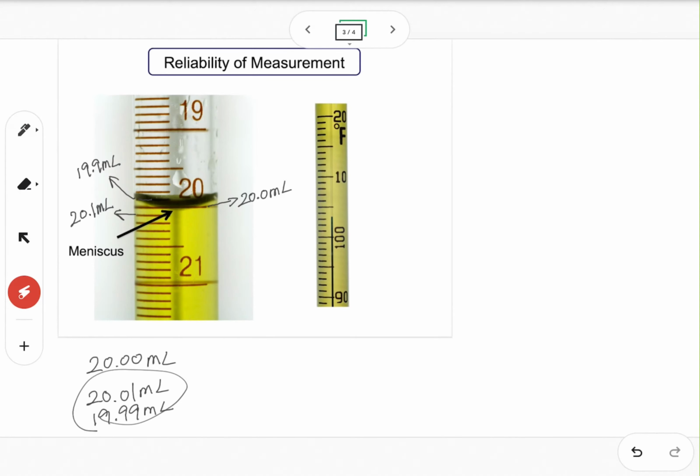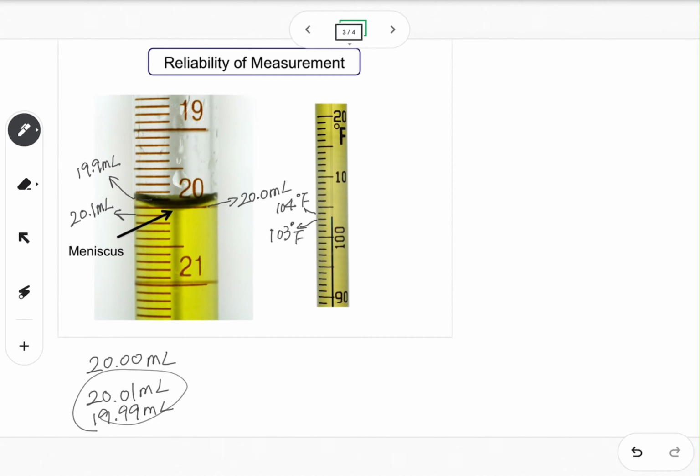Each marking represents 1 degree Fahrenheit. So this line here represents 103 degrees Fahrenheit. This line here represents 104 degrees Fahrenheit.